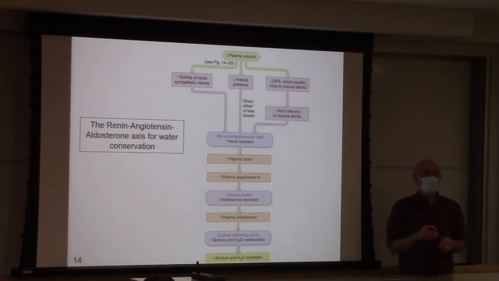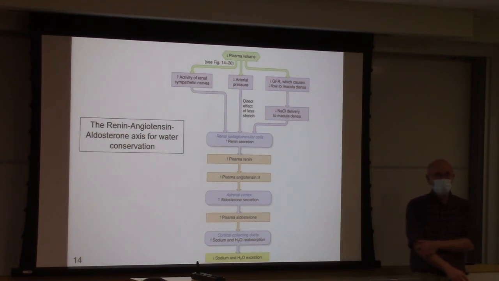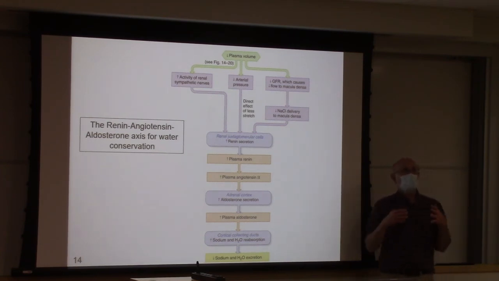So in the problem set, you're going to work on some diuretics that are used for the control of blood pressure. This is the key concept here, that controlling blood volume can help control blood pressure, especially in hypertension, chronic high blood pressure.